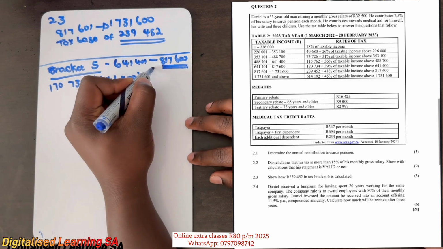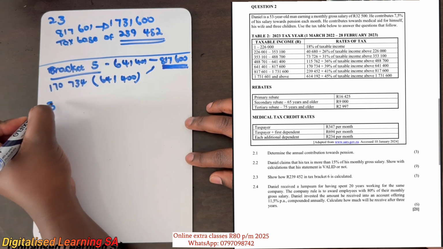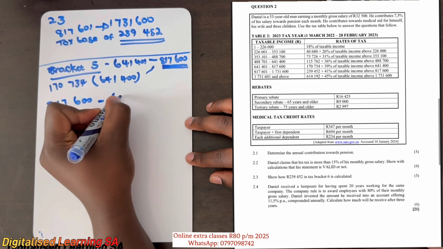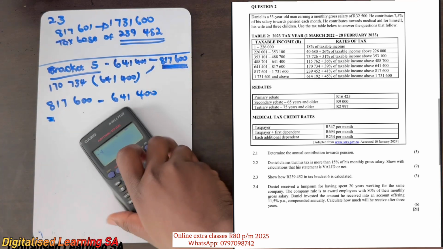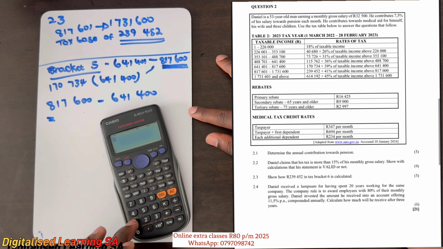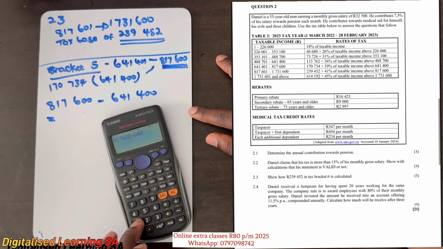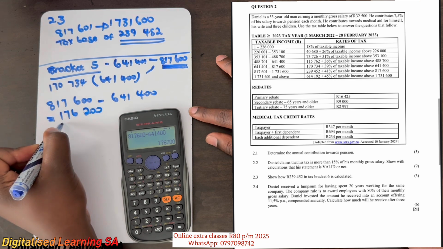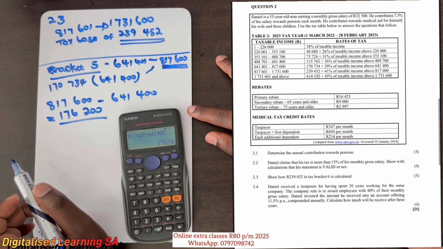So now we need to check the difference and calculate the outstanding tax. To do that, we will say 817,600 minus 641,400. Let's quickly do that. Our answer will be 176,200.